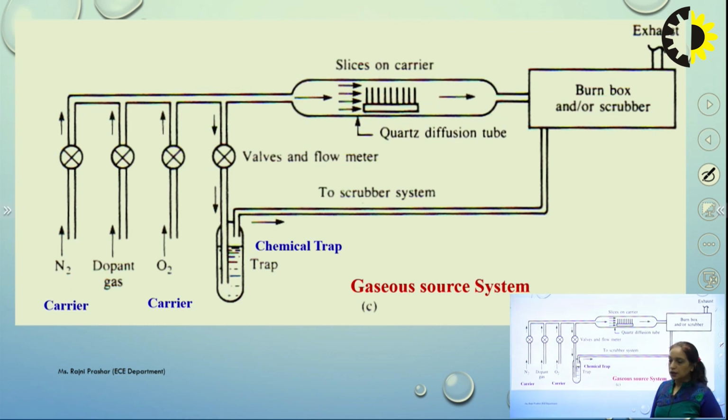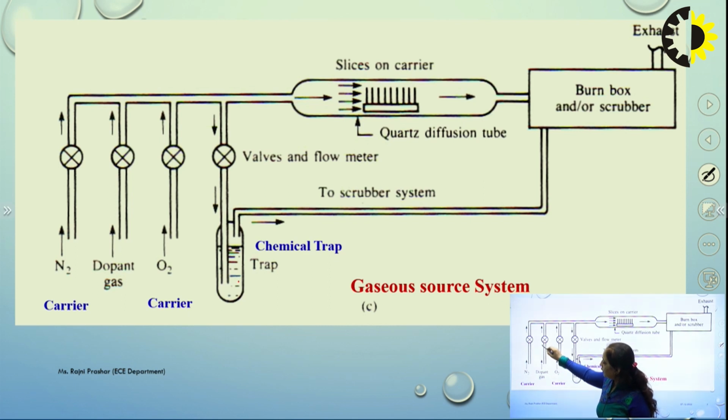And last, in the case of gas sources, we have these dopant gases. In the same way nitrogen and oxygen are provided, and here your chemicals will be trapped and finally they will be taken out. From here we are going to apply the dopant gases for boron or phosphorus, whatever we require.